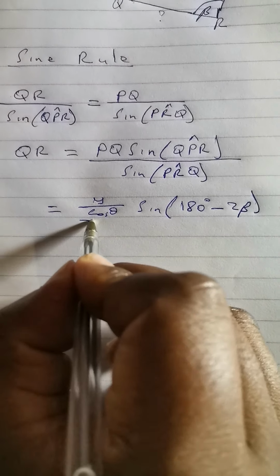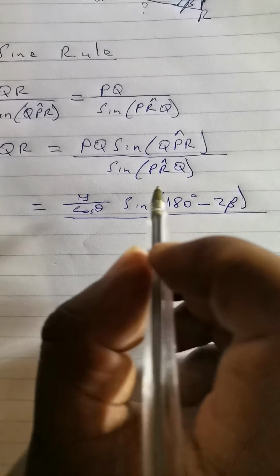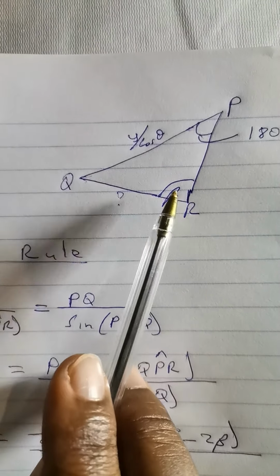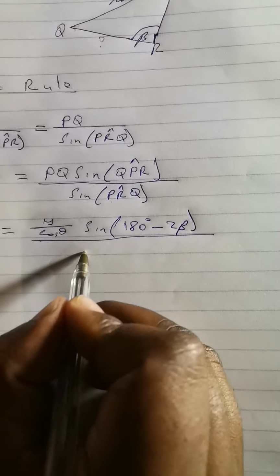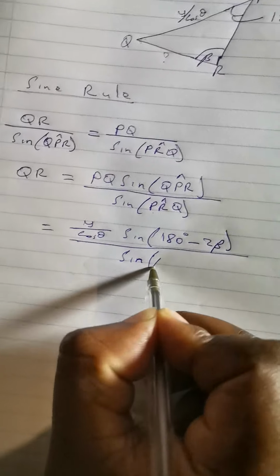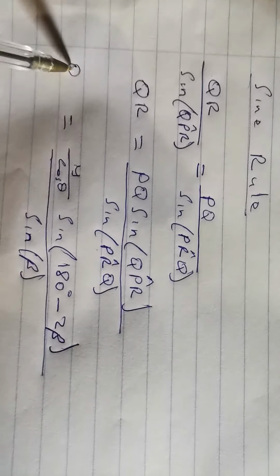So this is all over sine angle PRQ. Angle PRQ, it's beta, right? So all over sine beta, right? Okay, so this is QR.